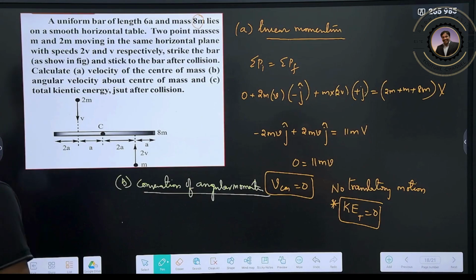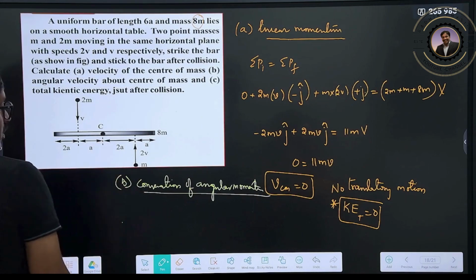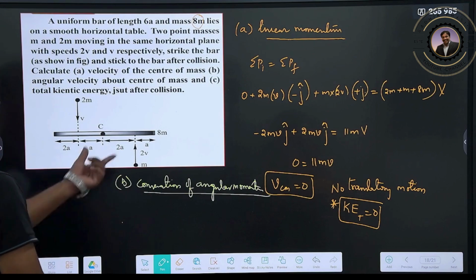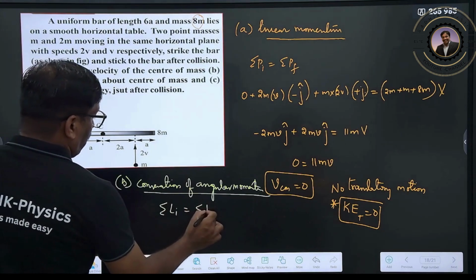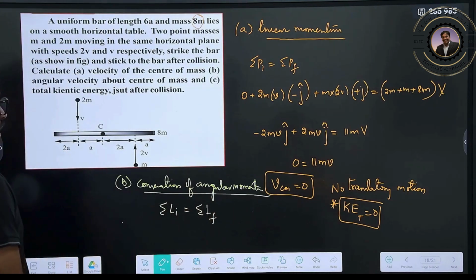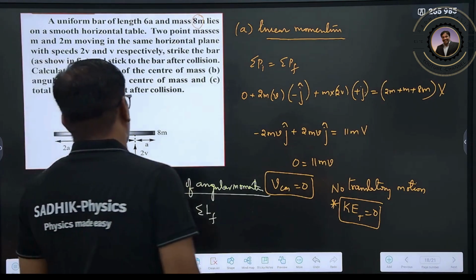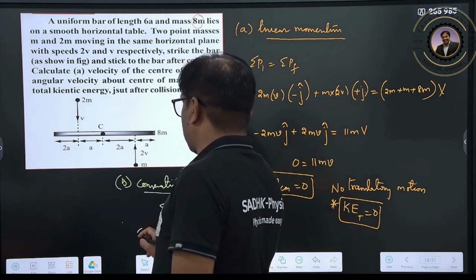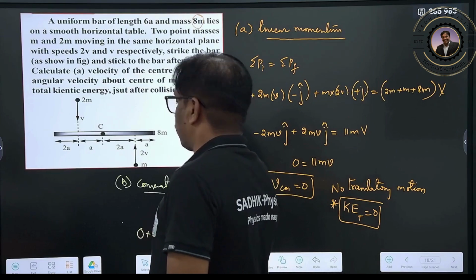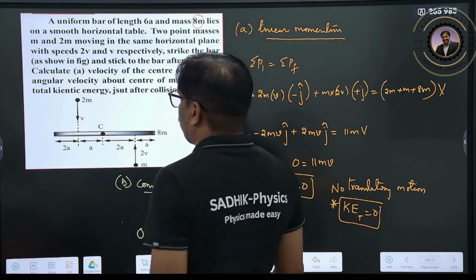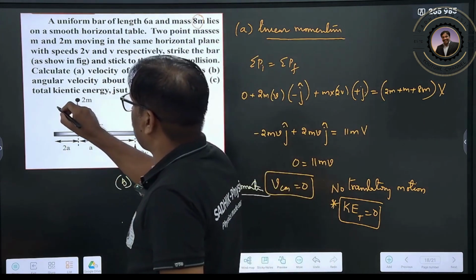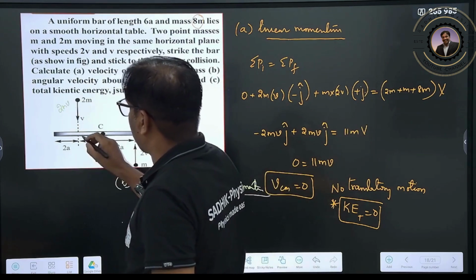So what will angular momentum do here? Initially this rod was not rotating, so the total initial angular momentum was 0. Now, the 2mv momentum, what is the perpendicular distance?